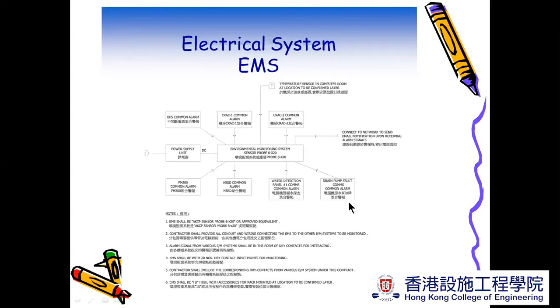Drain pump, if the condensate pump or the drain pump is malfunction, then we send a signal to the control panel. Control panel sends signal to the others. Water leak detections, Vesta system as well as FM 200 if activated. So it's quite like a building management system basically.